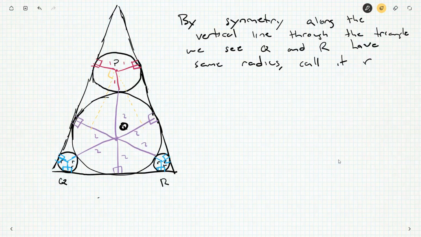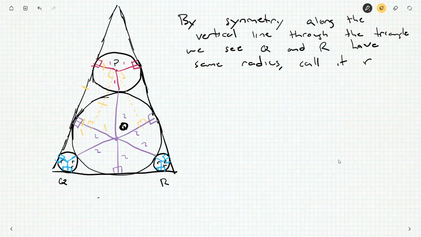But note if I drop these yellow perpendiculars here, not only do I make right angle triangles here with a length of 1 as well, but I also get these rectangles. So this length is this length, this length is this length, so this is 1, this is 1. We've got a 1 to something to 3 triangle. Okay.